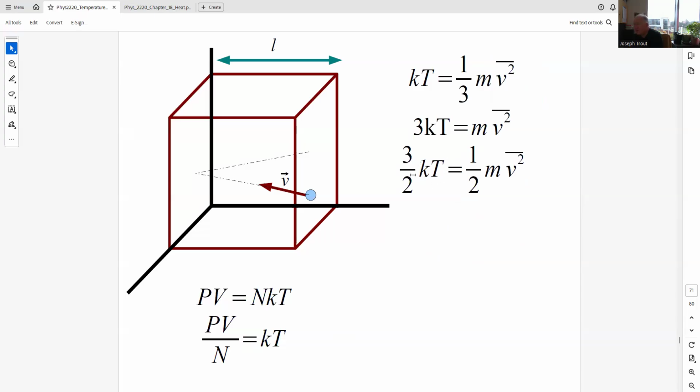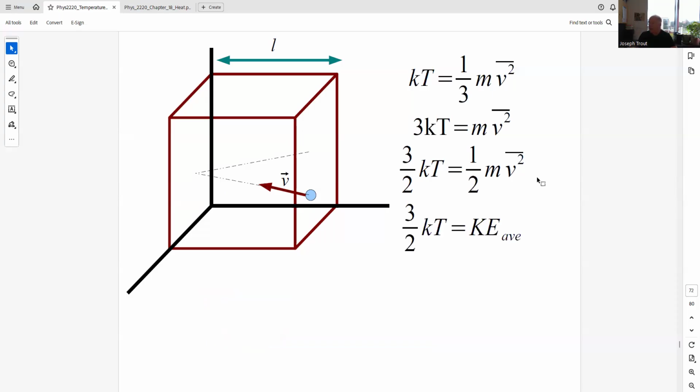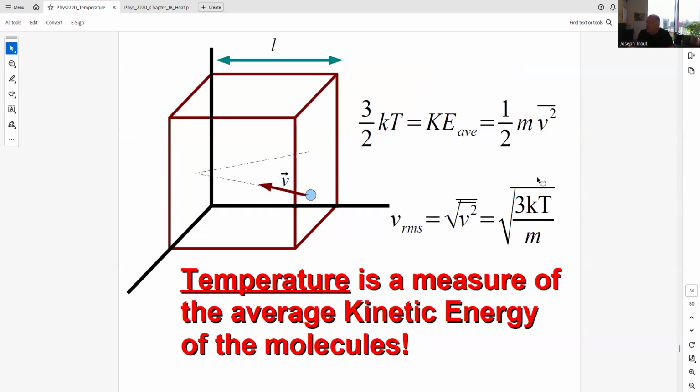So this is the temperature, k is a constant of proportionality, and 3/2 kT is equal to 1/2 mv squared. However, 1/2 mv squared is just the average kinetic energy. So what we find is that the temperature is a measure of the average kinetic energy of the molecules.